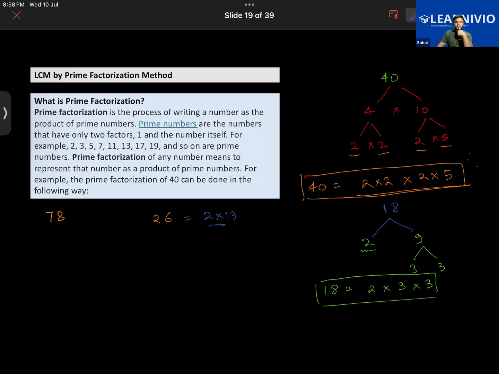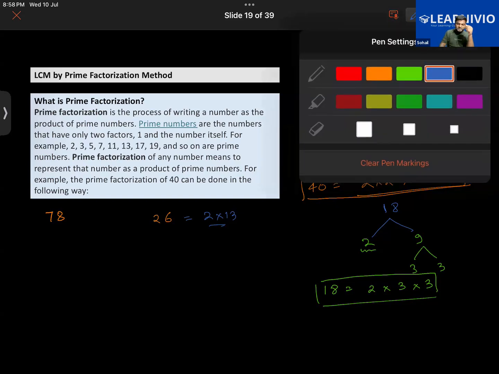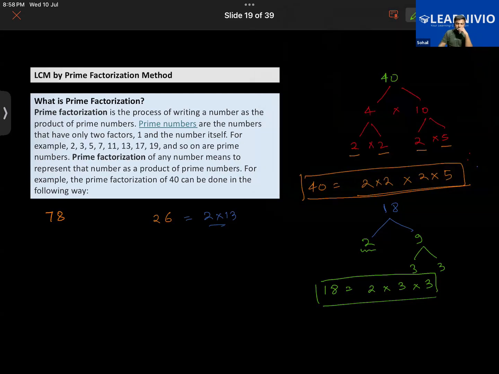So I don't know how to do that. Okay. That is easy now. See, read the table of 13. Have you memorized it or not yet?